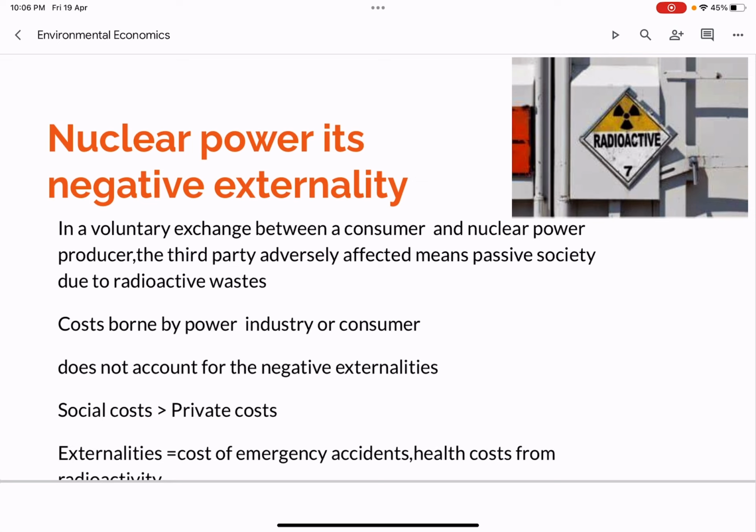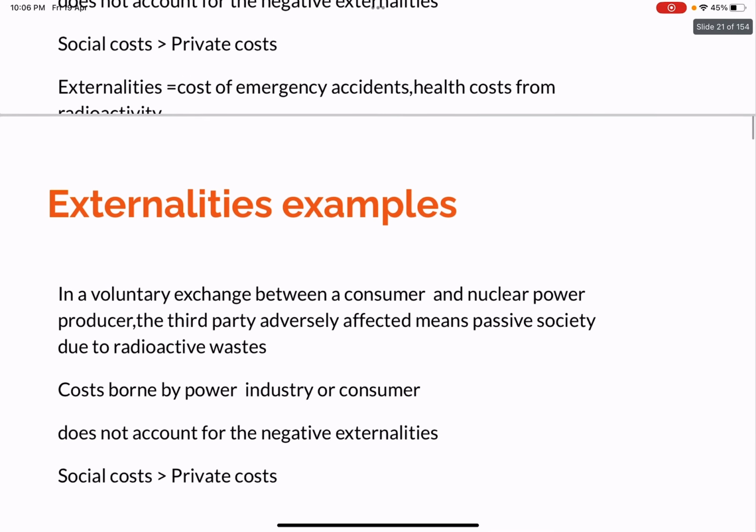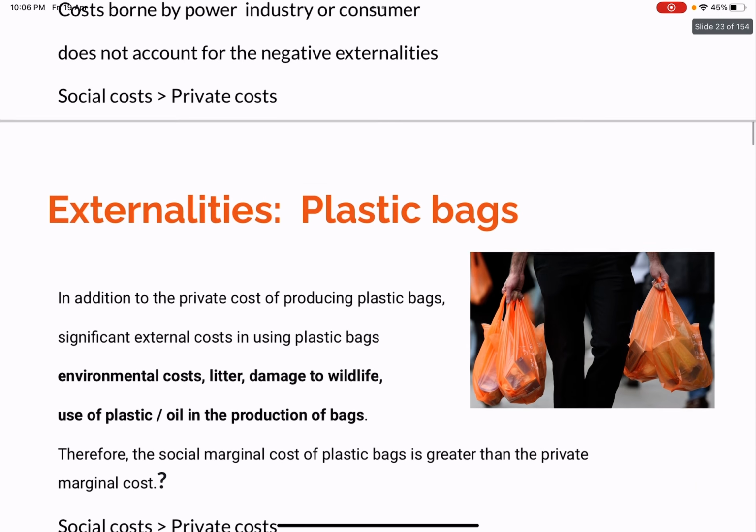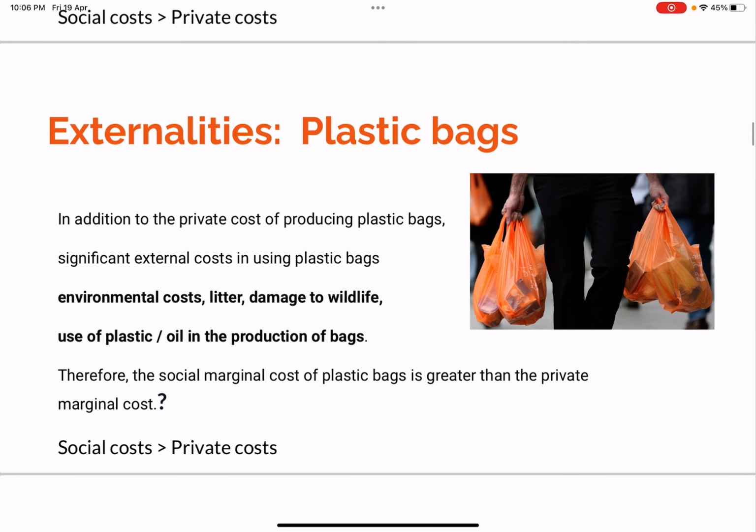But if, let us say, the consumers or the nuclear power industry are made to spend for the accidental deaths or the health cost from radioactivity or the cost of emergency, then that becomes the cost because of externalities. And if those are added to the private cost, that would give us the social cost. Okay, so in all the negative externality cases, we find that the cost to the society is the externality.